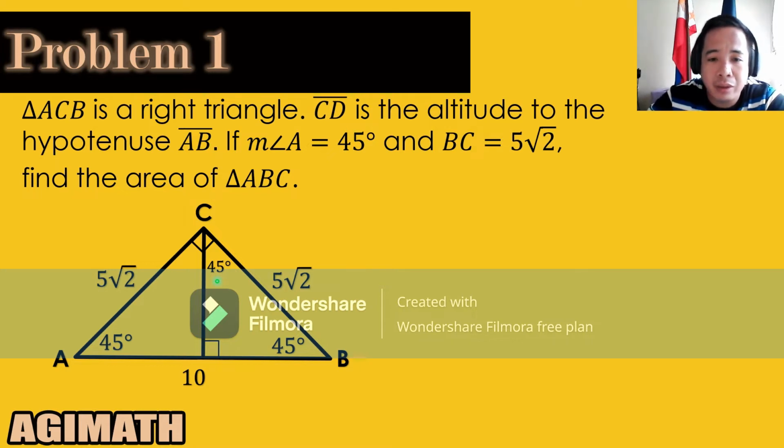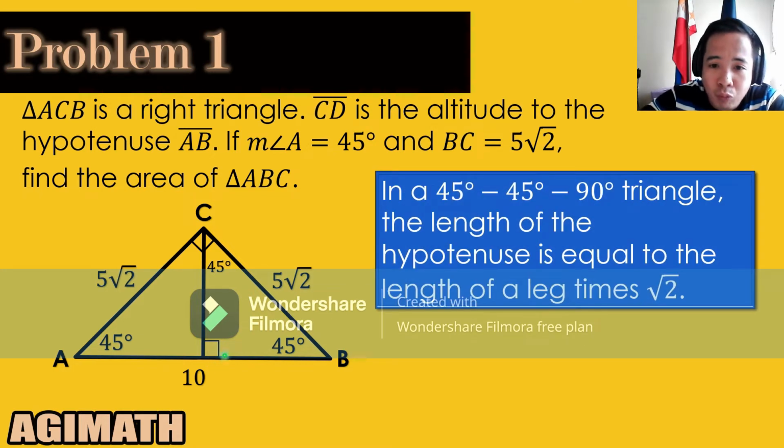So we can apply the theorem in order to find the length of this CD. In this triangle, line segment CB becomes the hypotenuse because we have our right angle right here. So going back to the theorem, in a 45, 45, 90 triangle, the length of the hypotenuse is equal to the length of a leg times square root of 2.